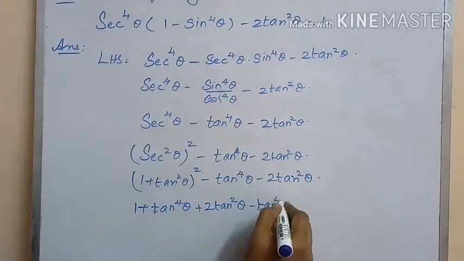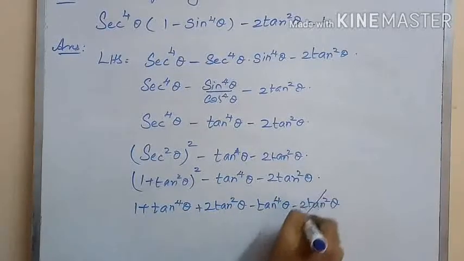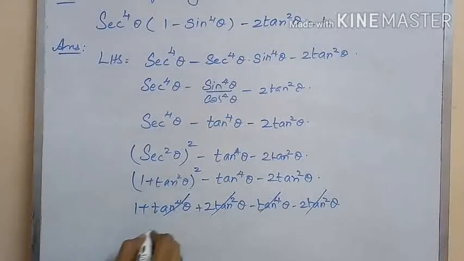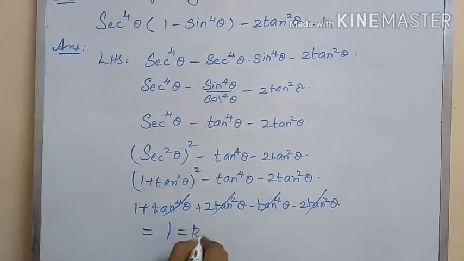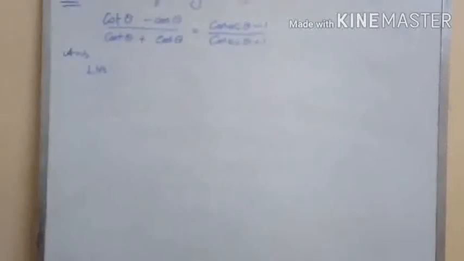And let us write tan power 4 theta as it is, minus 2 tan square theta as it is. Now few terms get cancelled and we have 1, which is equal to RHS, hence proved.